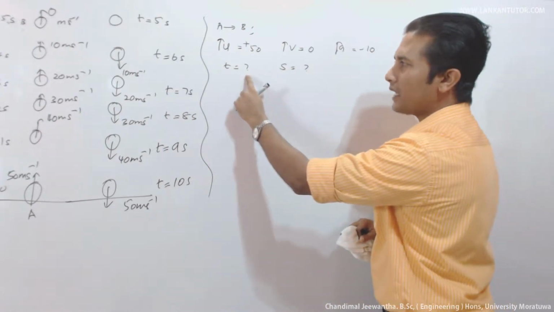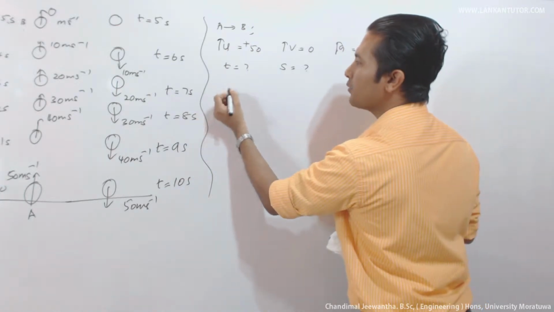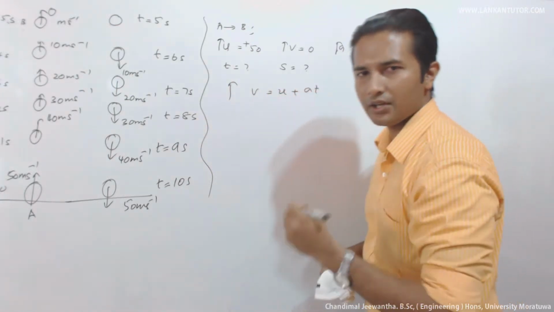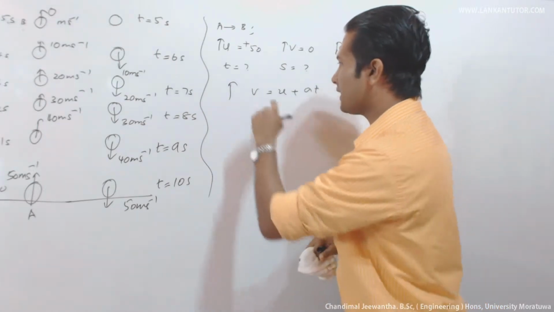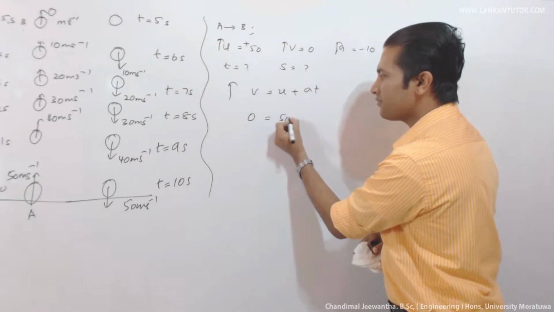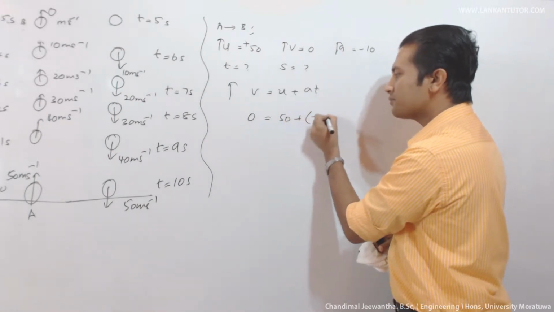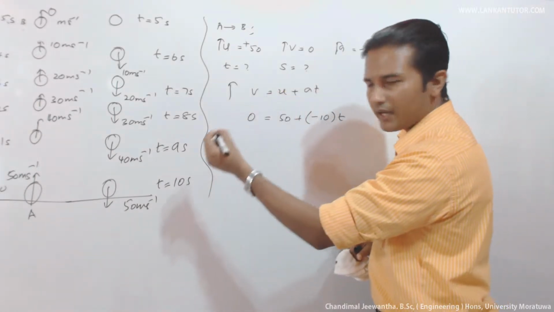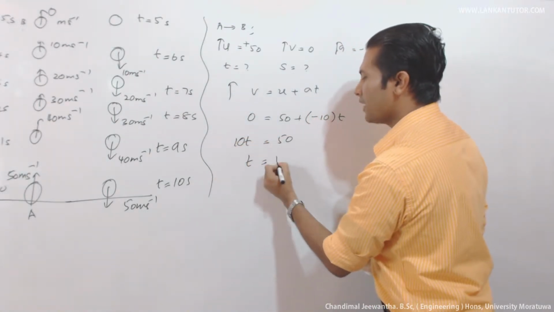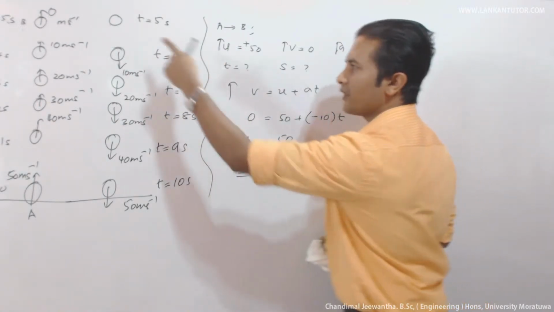In order to find the time taken, the ideal equation is v equals u plus at. Final velocity is 0, initial velocity is 50, acceleration is minus 10. Then you can find the time taken as 5 seconds.